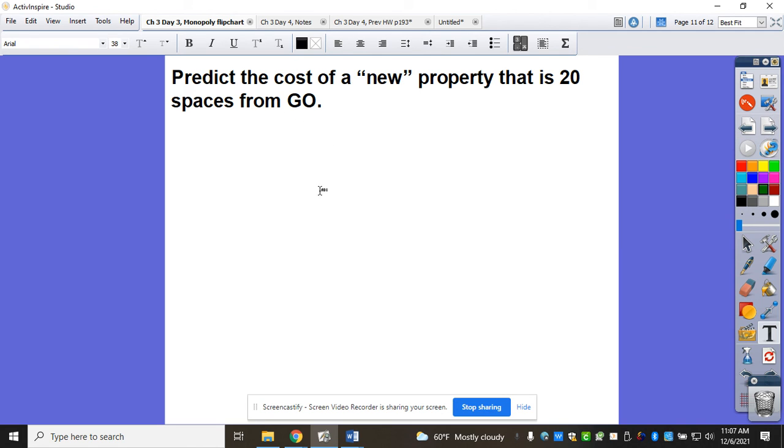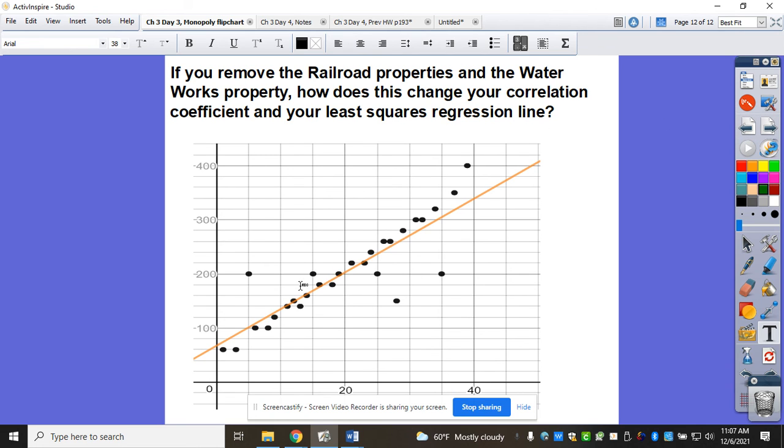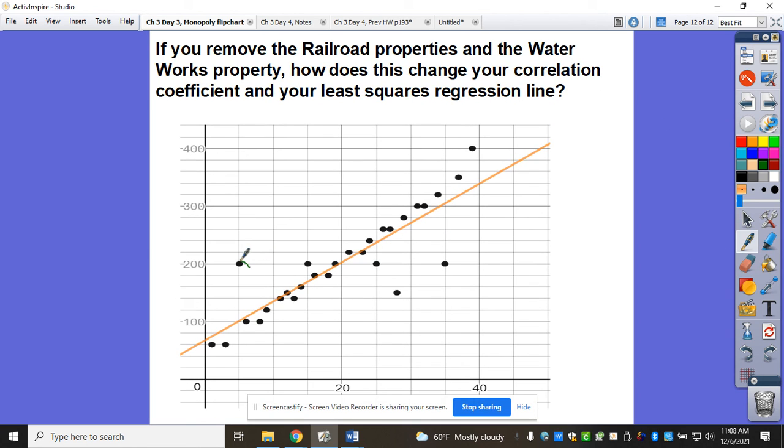What would you do if I asked you this question? Plug it in. If I asked you about this spot, if this one were removed, what would happen? What does it change? So now definitely make sure you're paying attention to this.